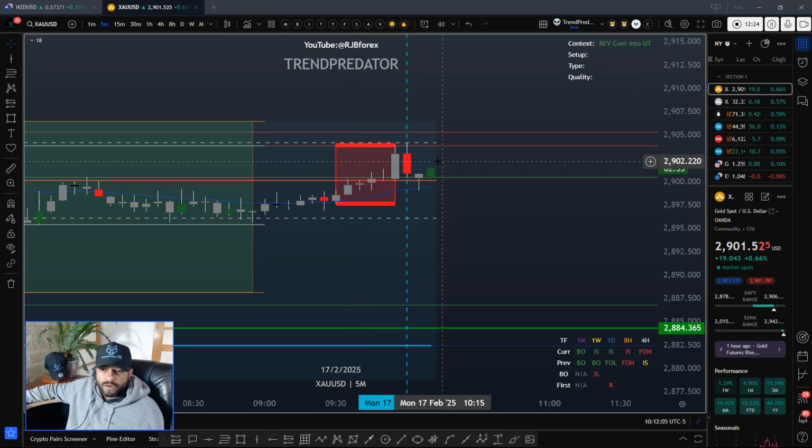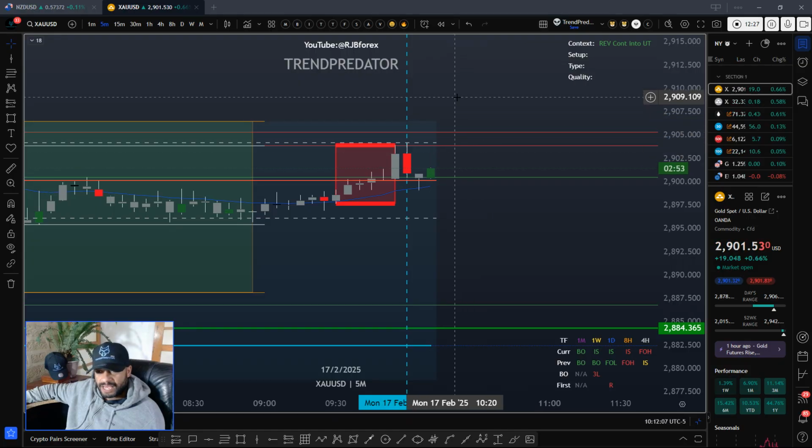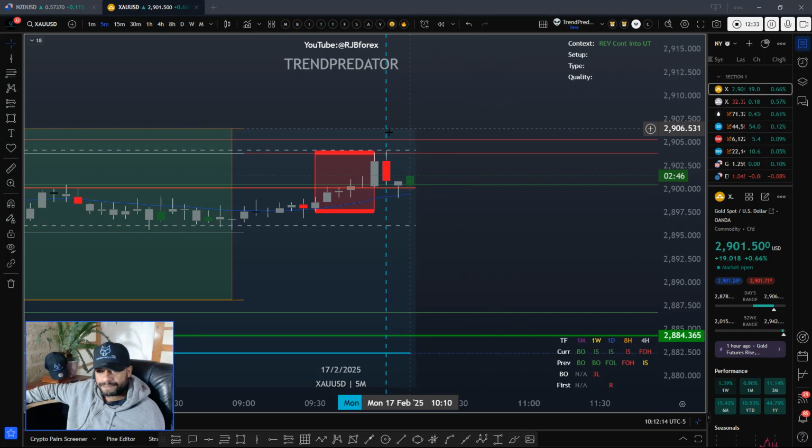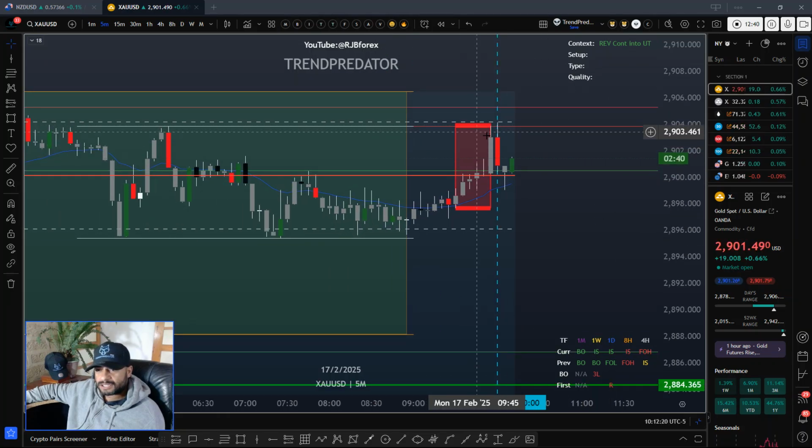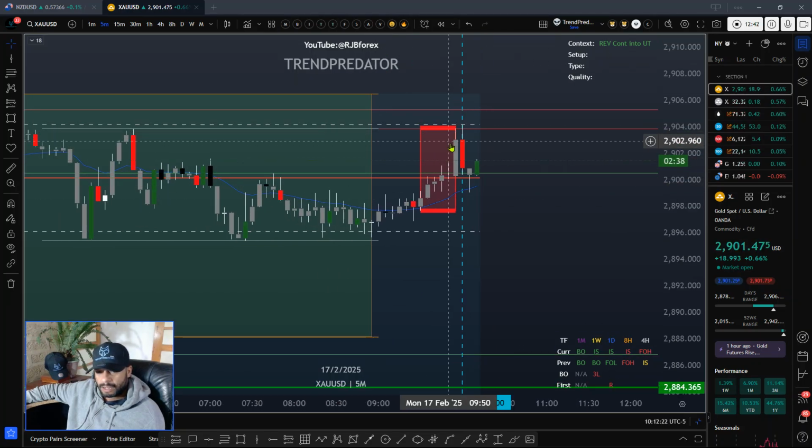And then what I'm looking for is to see how the price reacts in the next window, the new hour, 10 a.m., whether or not the price takes out the high, takes out the low. Are we staying inside? At the moment, we're staying inside. So while we're inside, I don't want to be doing anything. It can go either way. What I'm trying to trade are breakouts.